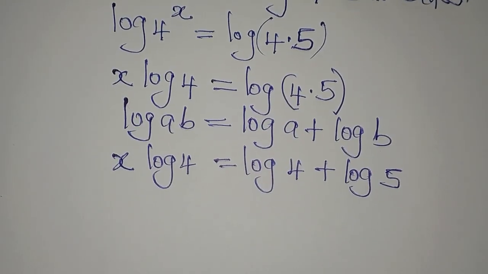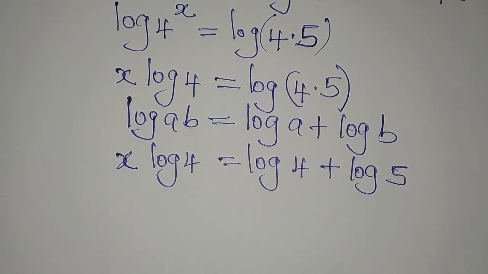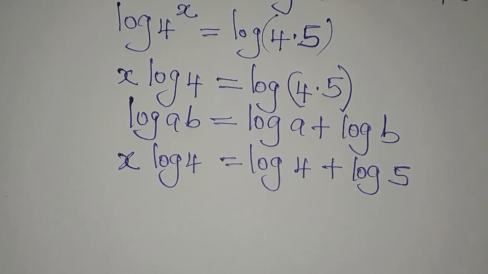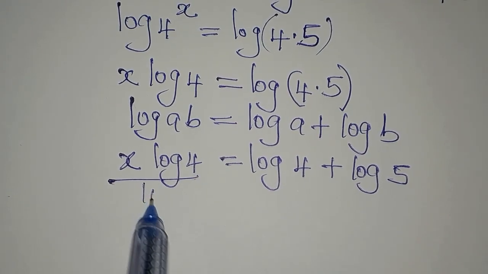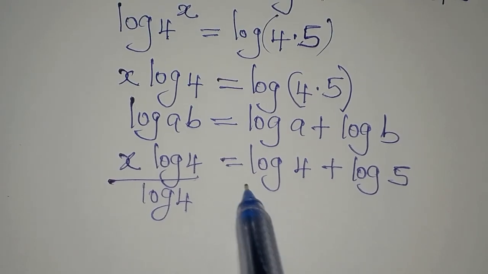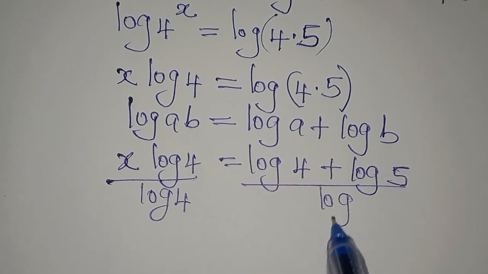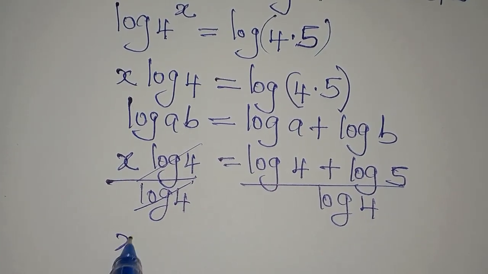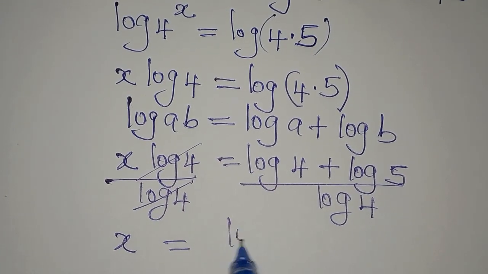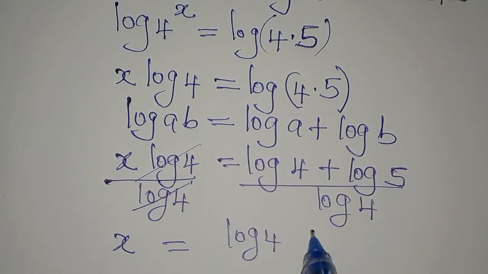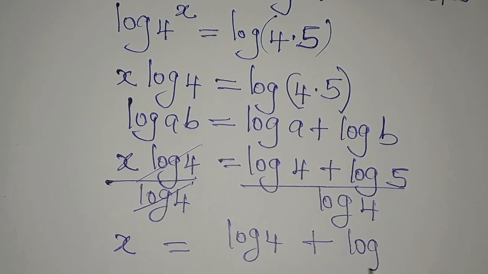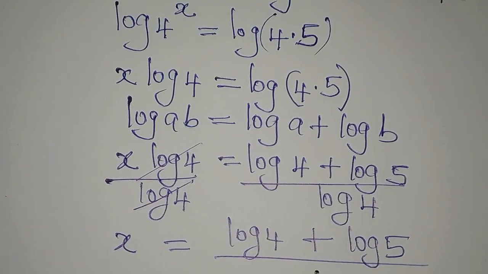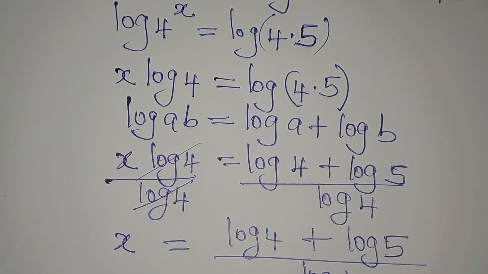And then we divide all through by log 4, right? This can cancel this, so that x will be equal to log 4 plus log 5, everything over log 4.